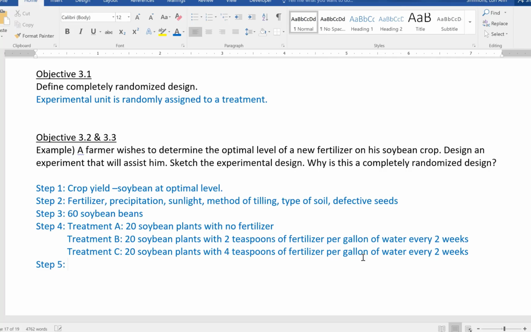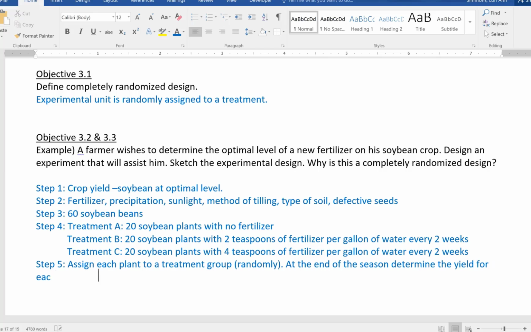Step 5, we can assign each plant to a treatment group randomly. At the end of the season, determine the yield for each plant per treatment.